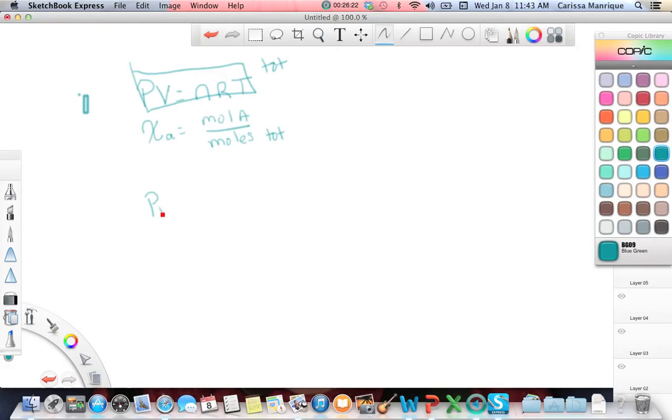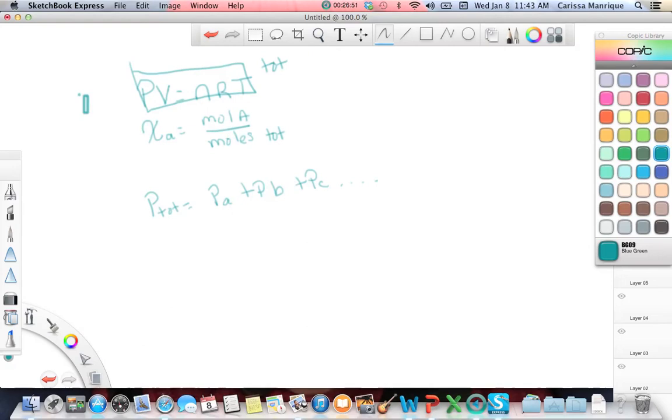Pressure total is pressure A plus pressure B plus pressure C, etc. However many there are. So these are the 3 formulas we use. We had to kind of go back and forth between them to figure it out. So anytime you have a partial pressure, these are the formulas you need to go to right away. And then you just have to figure out what order do you use them in.